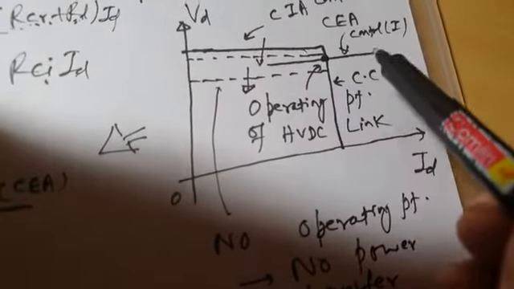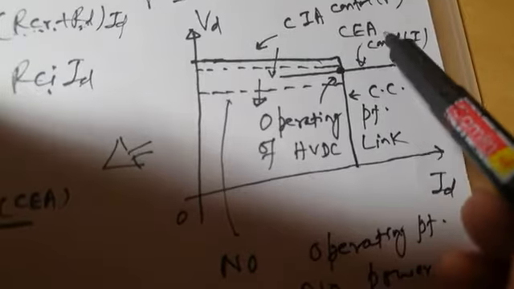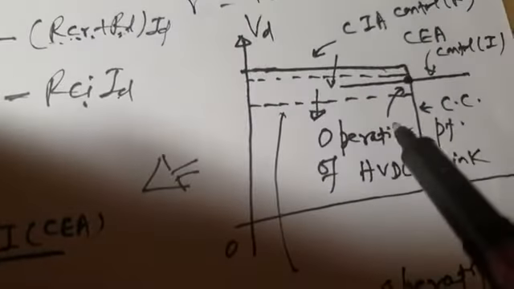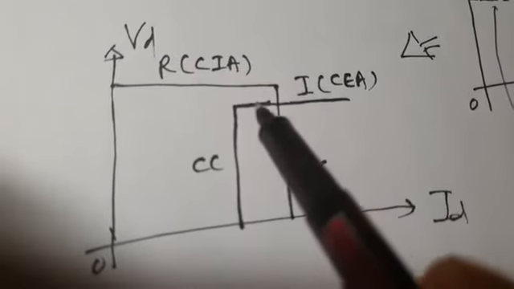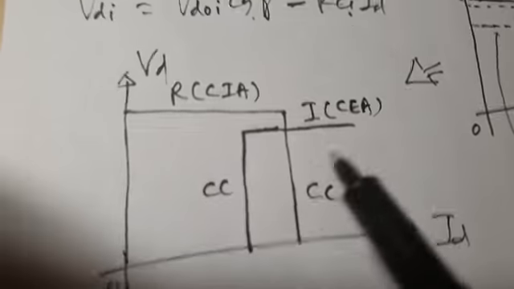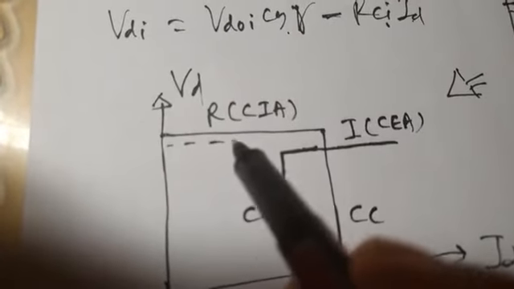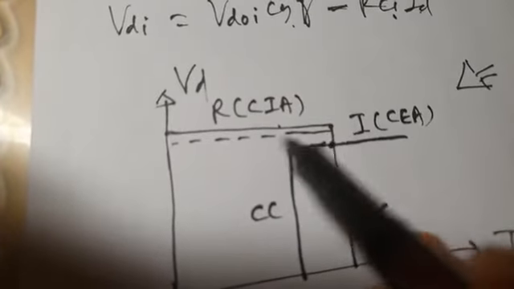Initially the inverter characteristic comprised only CEA control, not CC. But to avoid the situation where there is no operating point, no point of intersection, the inverter is also given a constant current characteristic, so that if this voltage falls, you have this as the point of intersection.